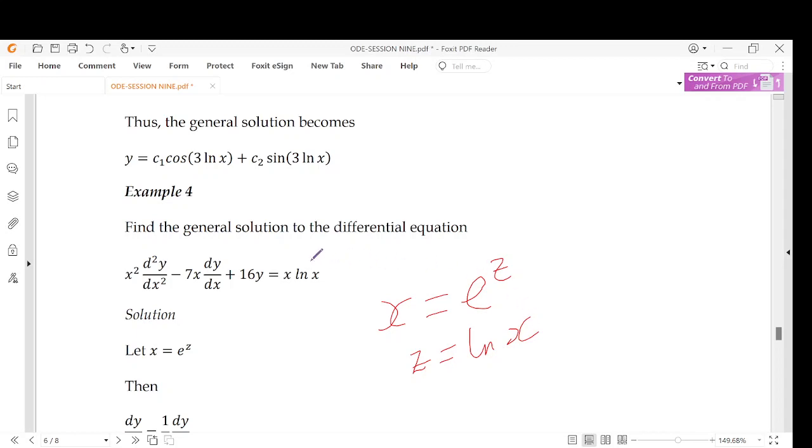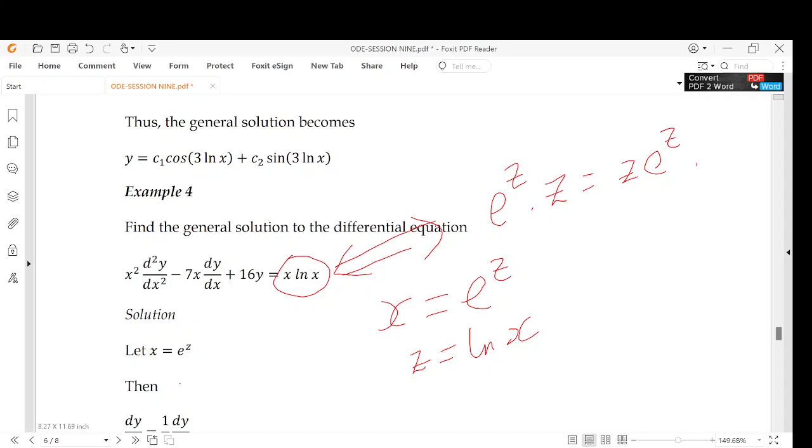So notice that where we have the quantity on the right hand side here, x times logarithm of x, when we do the substitution, x becomes e raised to power z. So this term here will become x is e raised to power z, and logarithm of x is equals to z. So we are going to write z e raised to power z when we do the transformation.